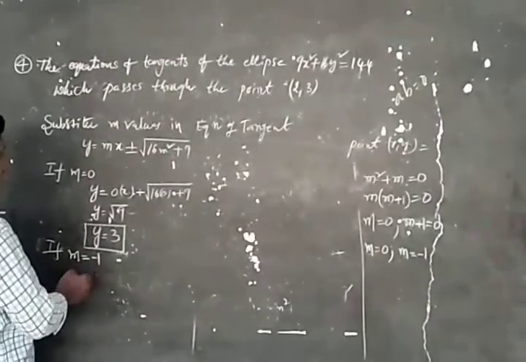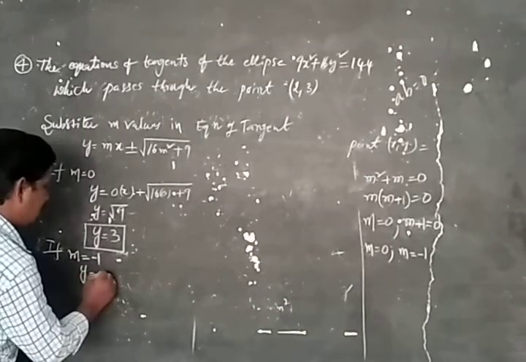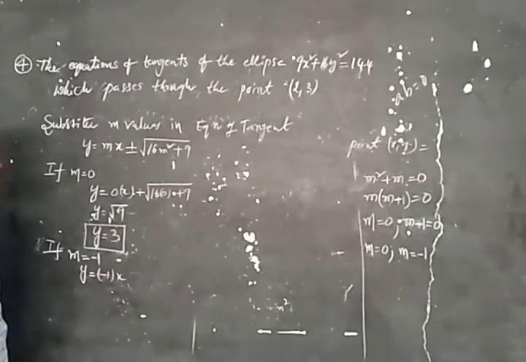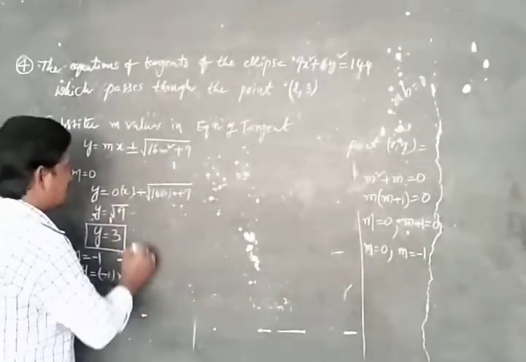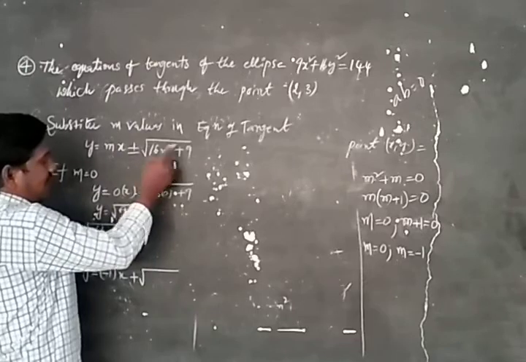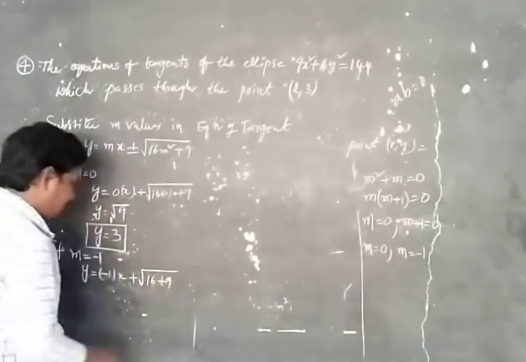Now if m equal to minus 1, y equal to minus 1 into x plus root of minus 1 whole square into 16 plus 9.